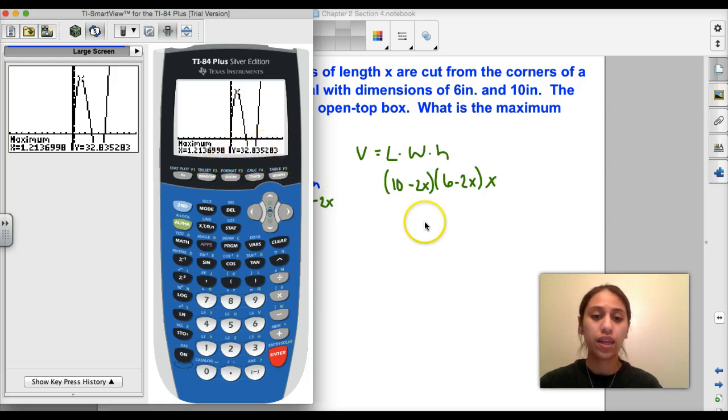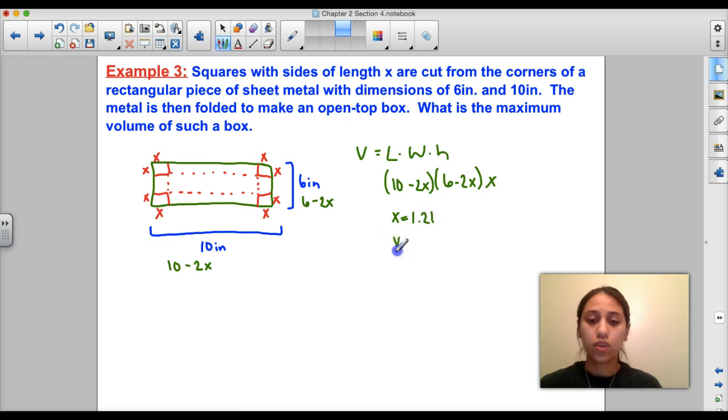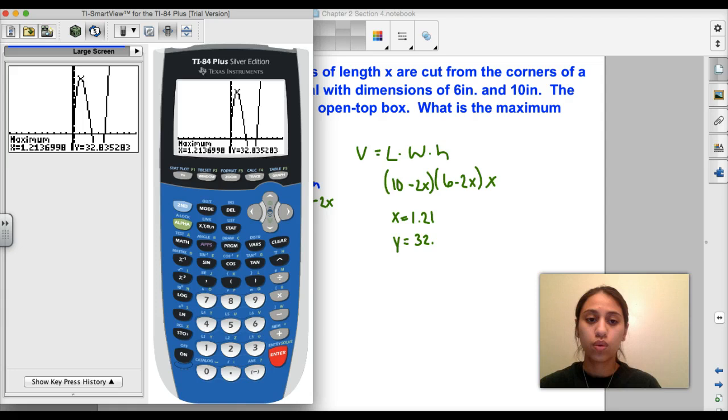Okay, so I'm going to go ahead and write that. X equals 1.21. And y was equal to 32.8, I think it was. 32.8, yes.